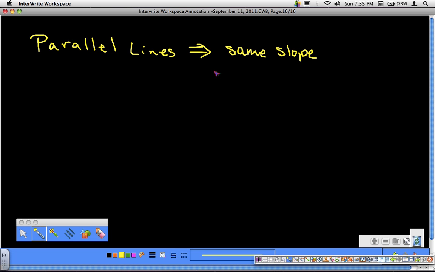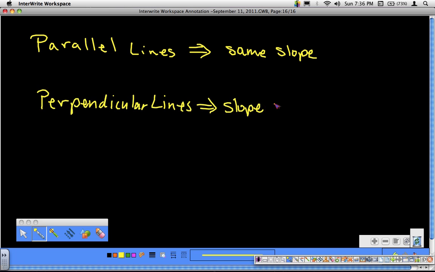Our other option for 2 special types: perpendicular lines. And 2 lines that are perpendicular, their slopes are opposite reciprocals of each other.